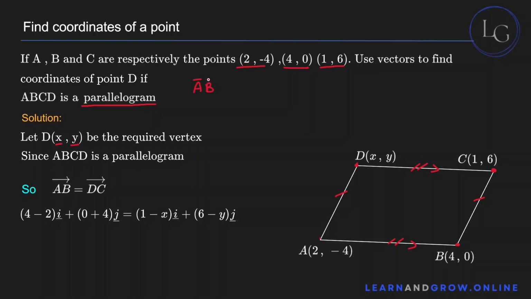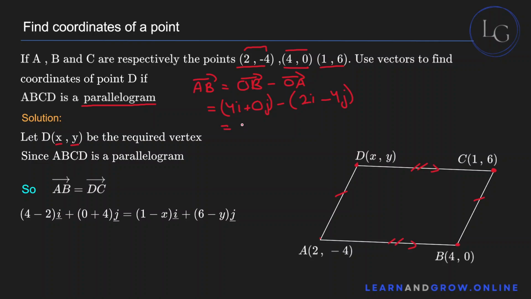AB is equal to OB minus OA, right? And as you know, the equation of OB is basically this: 4i plus 0j minus OA. OA is this. So minus 2i minus 4j.